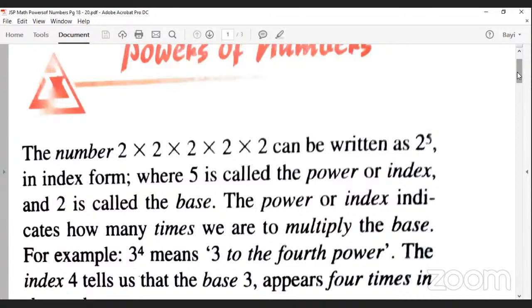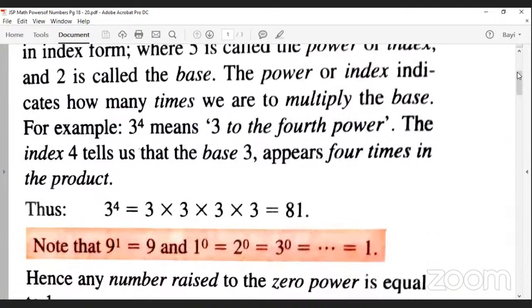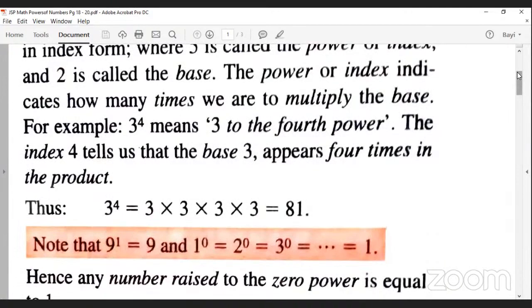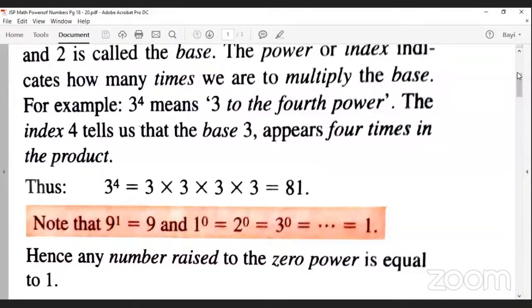The power or index indicates how many times we are to multiply the base. For example, 3 to the 4th power: the index 4 tells us that the base 3 appears 4 times in the product.